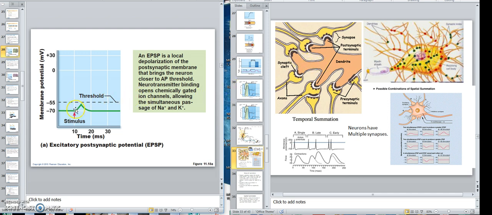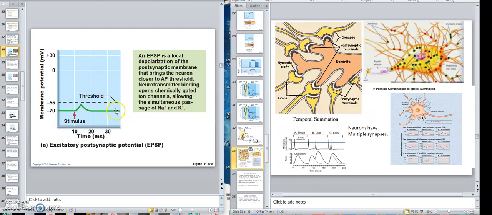Here's threshold. The EPSP and IPSP are not action potentials. They are graded potentials. They are caused by ligand gates. Go back to my electrophys. You're going to put all this together. So the neurotransmitter substance coming across would open up channels to what?